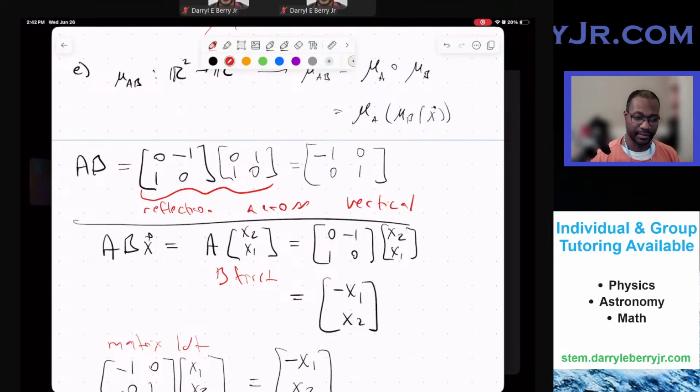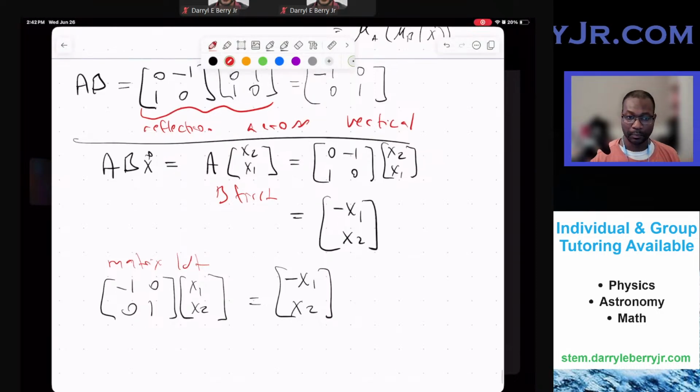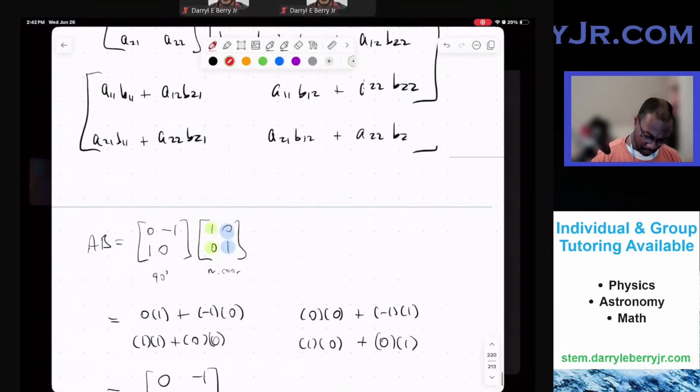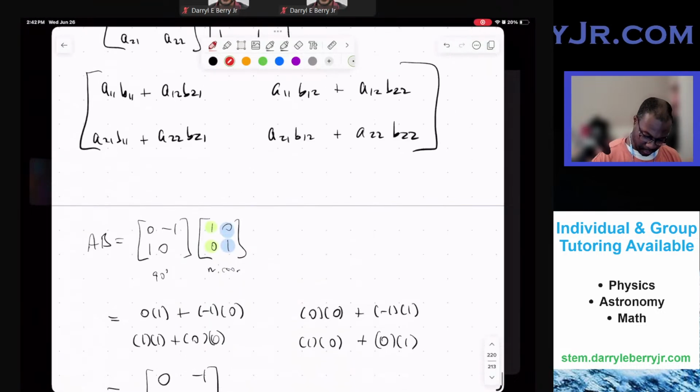So example 3 says, continuing from example 2D, and this, by the way, is proof of the identity matrix.